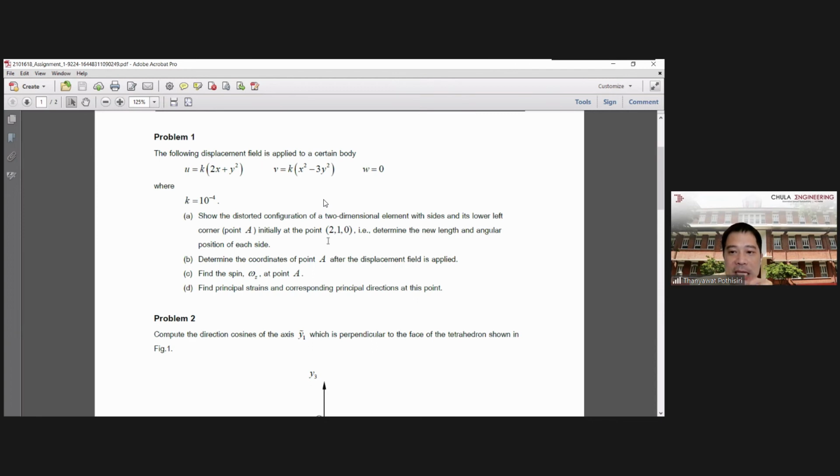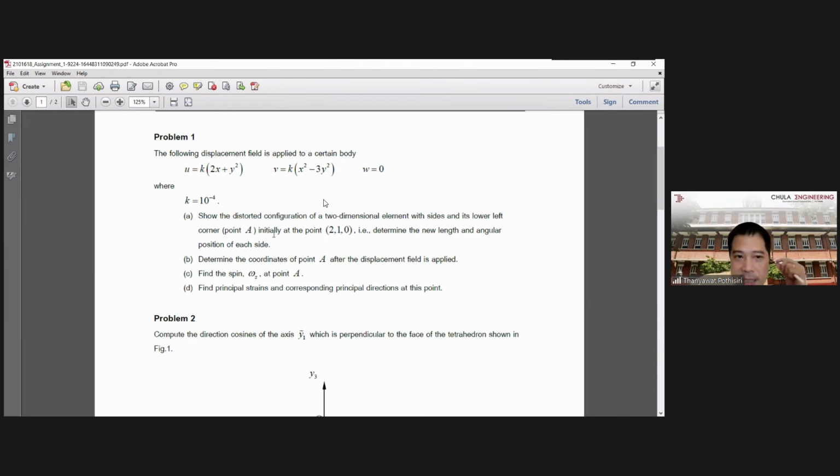So you need to construct a virtual differential size, just like what we discussed previously. You need to think a little bit about how you can draw those distorted configurations based on the coordinates of a certain point that you are given.